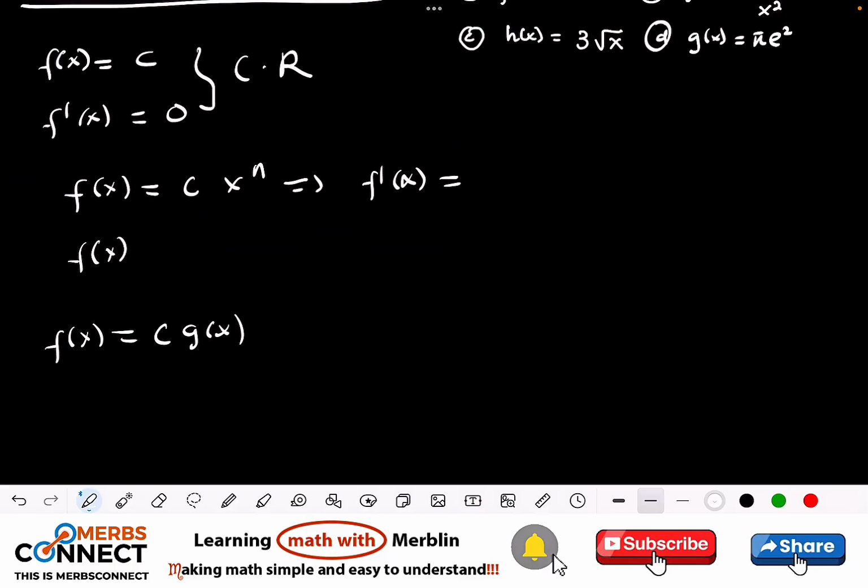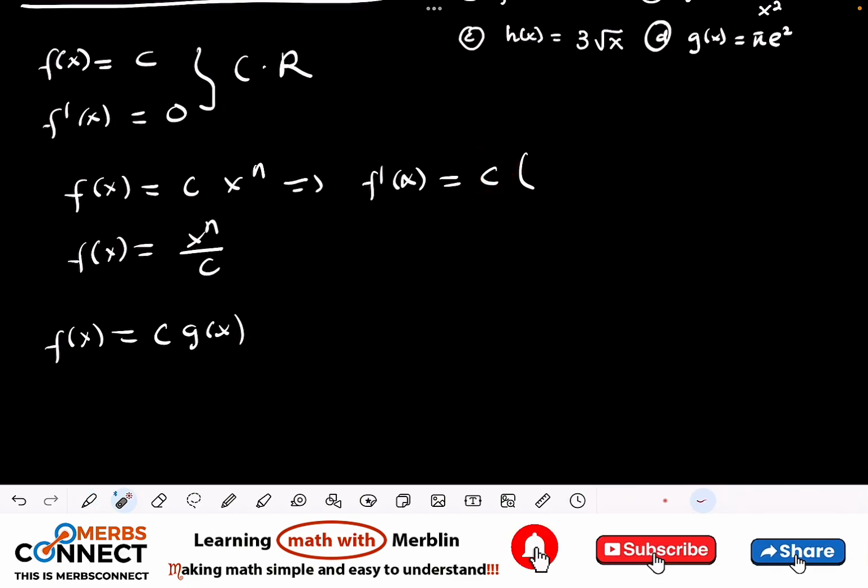F of x is equal to x to the n divided by c. So the constant rule goes with either the constant is multiplying the function or is dividing the function. So this says that I just need to factor my c out. So you see the way I factored the c out, then I deal with the rest of the function. So since c is multiplying this, when I factor c out, it will be left with this. So how do we differentiate this?